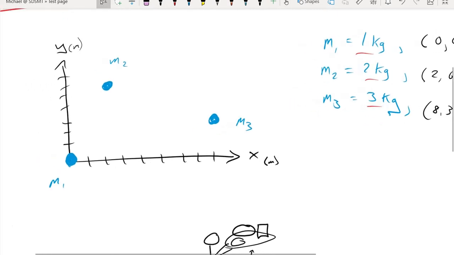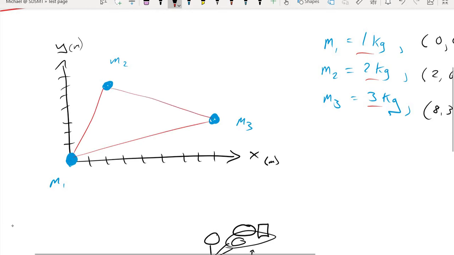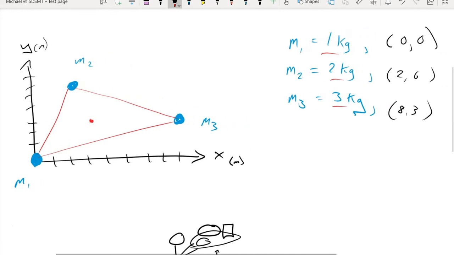Back in geometry, there are ways of essentially mapping out a point in space that is equidistant from all other points. And if we were to try to measure out what would be the center point of this system of masses, it might be right around there somewhere. But that's not going to be the center of mass for the system unless all three of the masses were the same values. And that's not what we have.